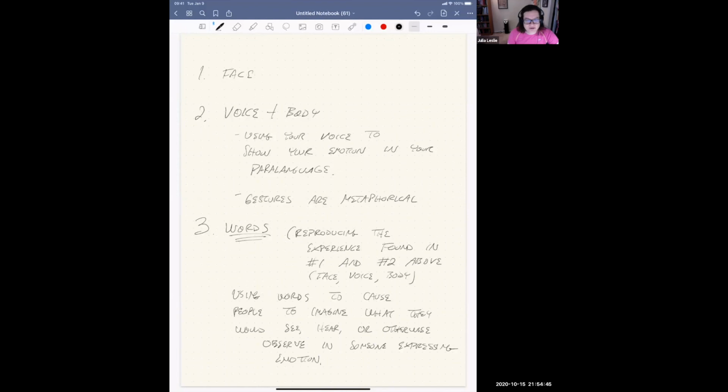Now, I deliberately tried to make that mention have as little facial expression and as little vocal expression as possible. Using words to describe the nonverbals that people would observe. So what kind of facial configuration, somebody who is angry, what somebody's voice would sound like when they're angry, what they would be doing with their body if they're angry.